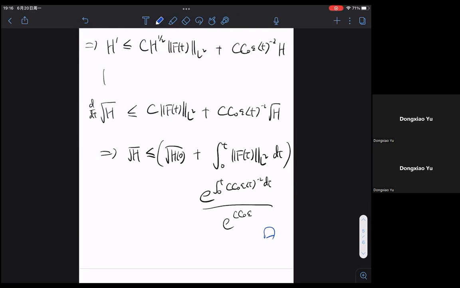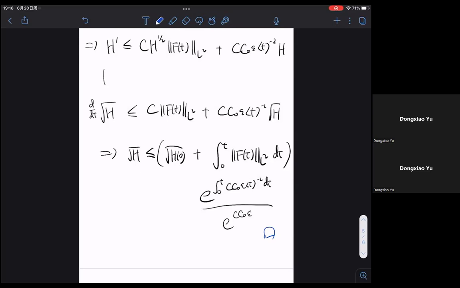So, okay, I have now just finished the proof of the energy estimate. You can see that the proof of the energy estimate here is actually very similar to the energy estimate for the previous case, the general case, where you do not have the null condition and you have a certain form of energy estimate.